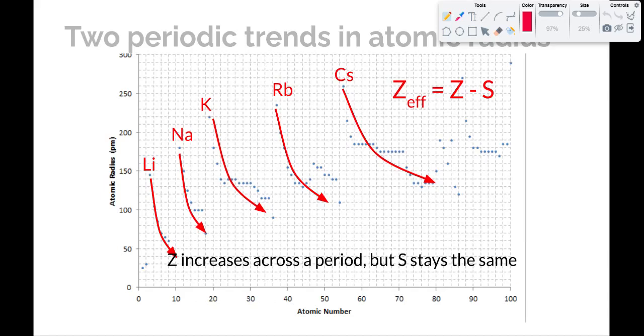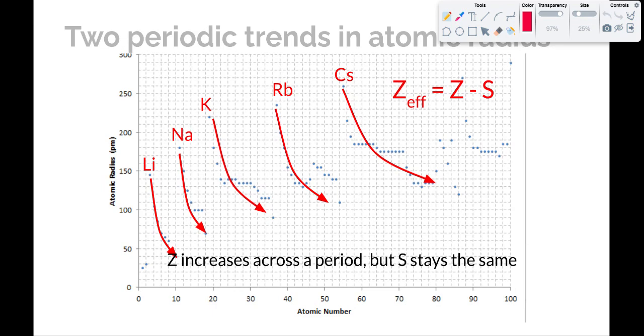The reason for this is because there are some shielding electrons. The electrons that are in the inner shells of an atom, in a sense, absorb some of the charge of the nucleus and shield those outside electrons from that charge.